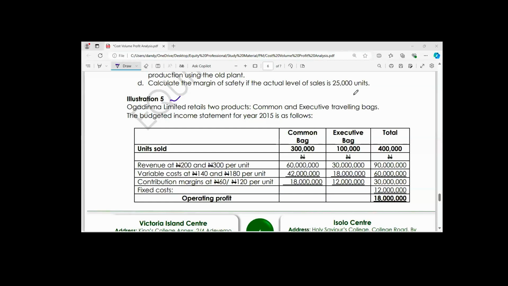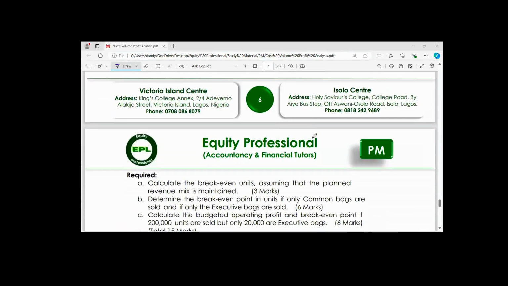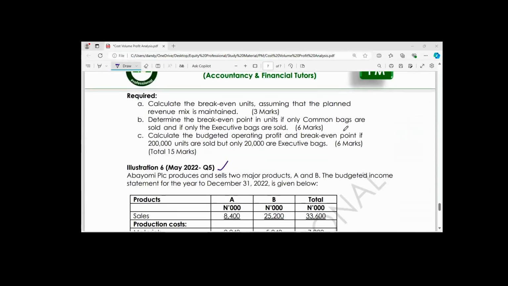Ogadinma Limited retails two products, common and executive traveling bags. The budgeted income statement for year 2015 is as follows. All figures stand to be correct. Required. A. Calculate the break-even units, assuming that the planned revenue mix is maintained.